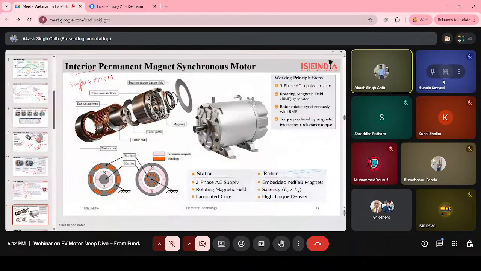First, can anybody tell me why it is named permanent magnet? You can unmute.